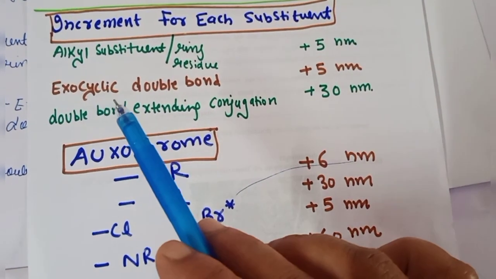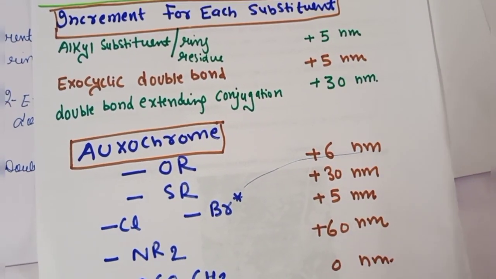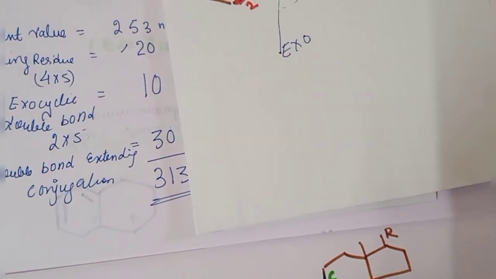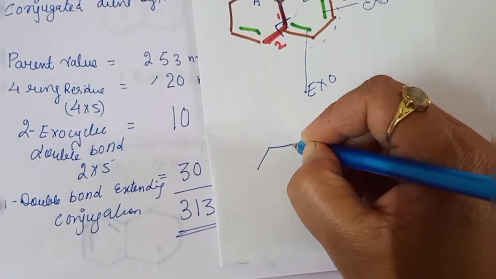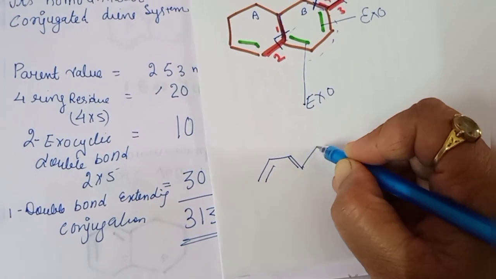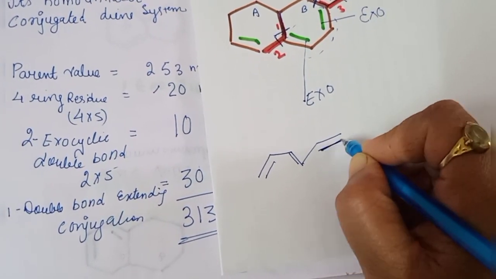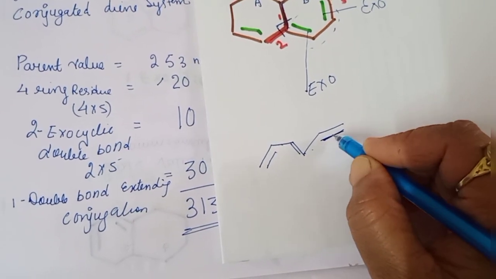And if the double bond is present in extending conjugation, so we will add +30. So what is the meaning of this? As we know, 1,3-butadiene, suppose this is your butadiene system, and if one double bond is added, so what is the meaning of conjugation? Double bond, single bond, double bond, single bond, double bond.